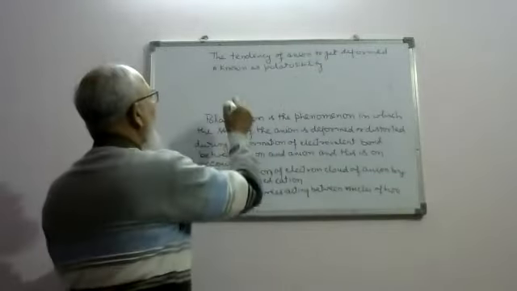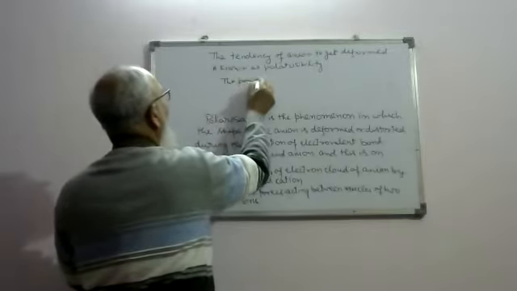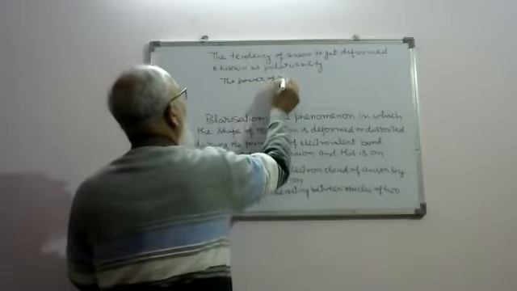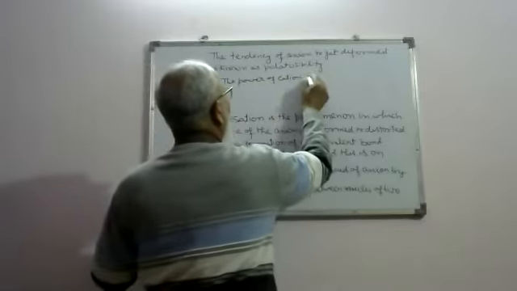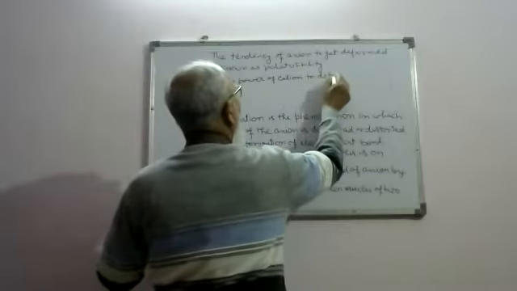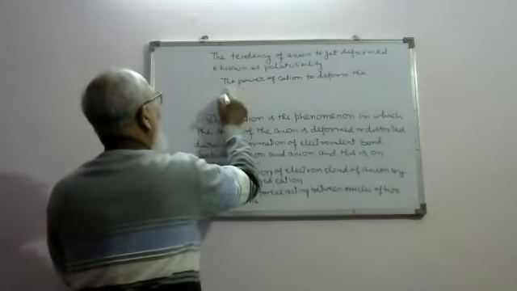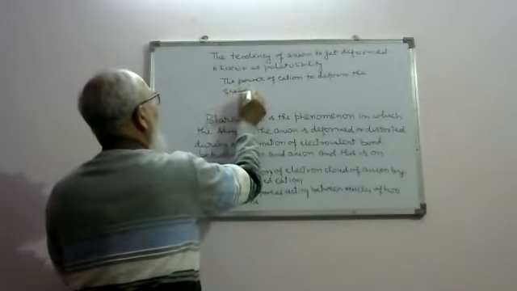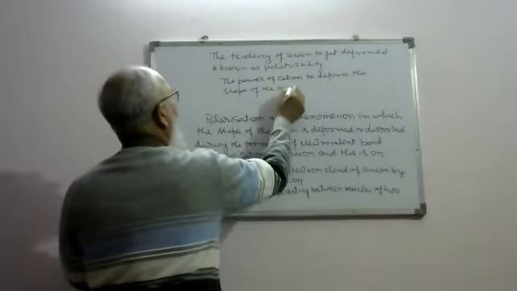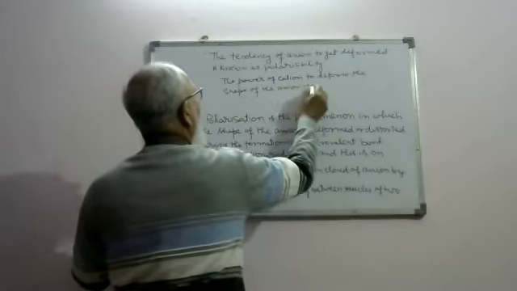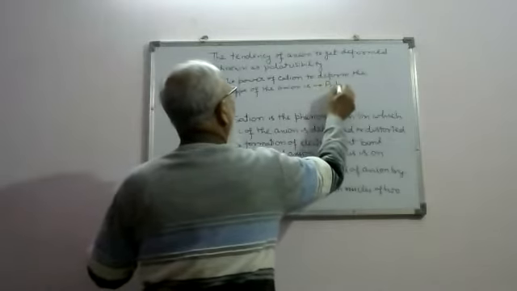And the power of the cation to deform the shape of the anion is known as its polarizing power.